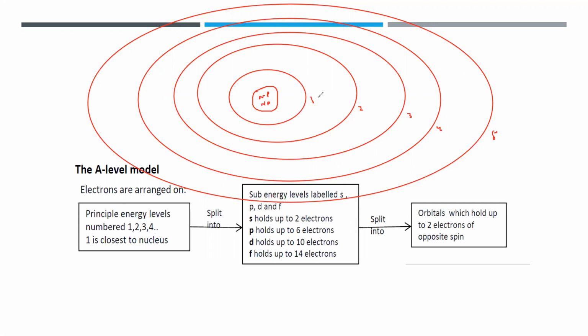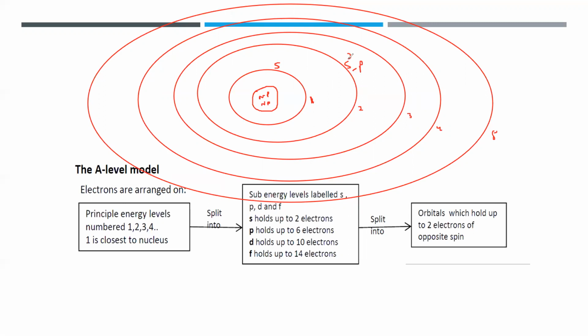But what happened? These shells are further divided into subshells. The first shell actually contains only one subshell, that is S. The second shell contains two subshells, S and P. And why can it hold a maximum of 8 electrons?